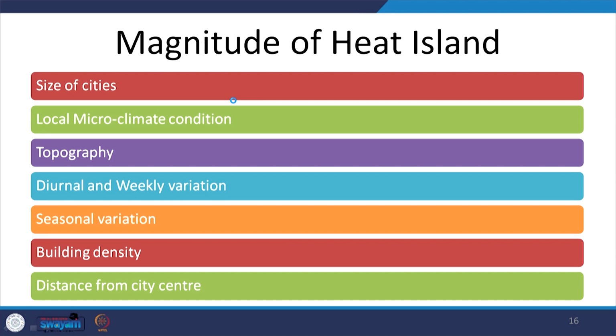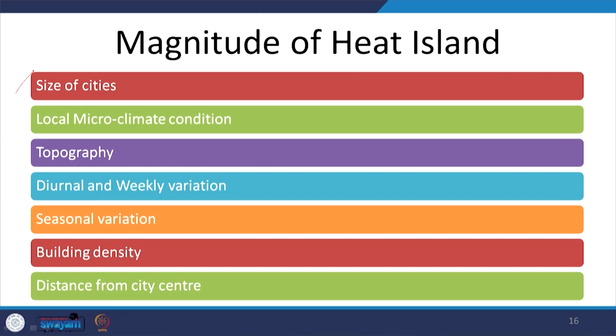So, when we are looking at impact of a heat island, it is also dependent upon the intensity or the magnitude of this heat island, and that further depends upon a lot of these factors which are listed here. So, heat island may be there, but the magnitude will vary from city to city, and that, as I just mentioned, is also based upon the geographic location and some of these parameters like the size of the cities.